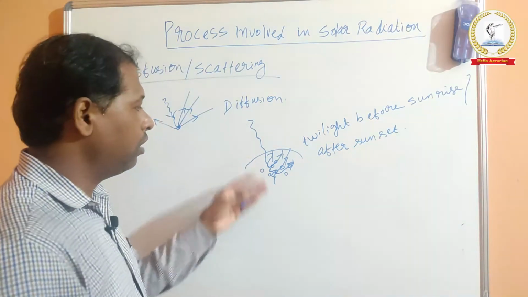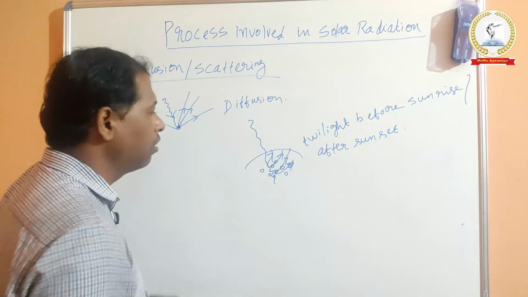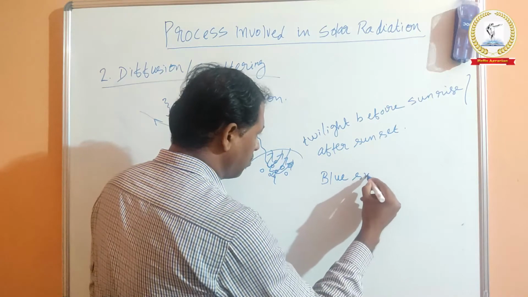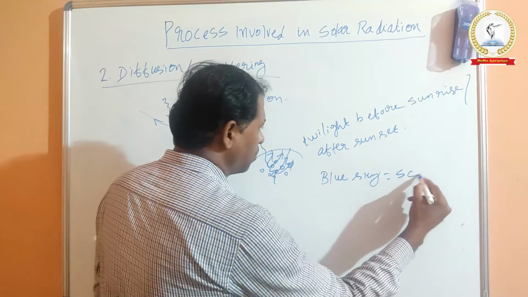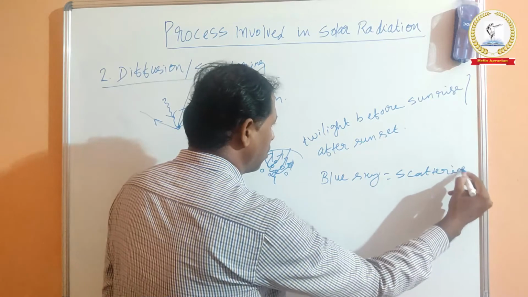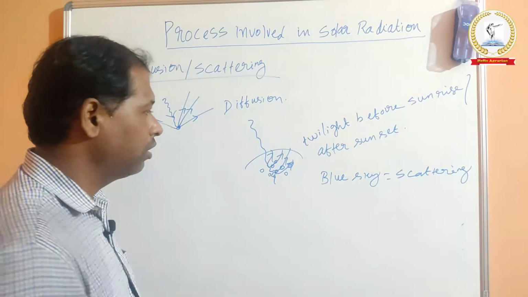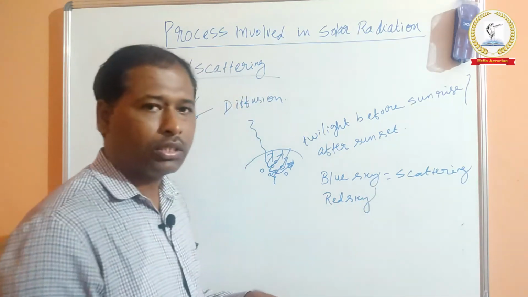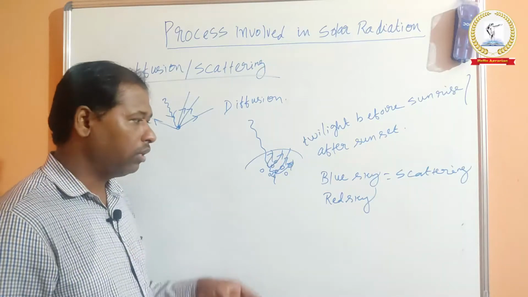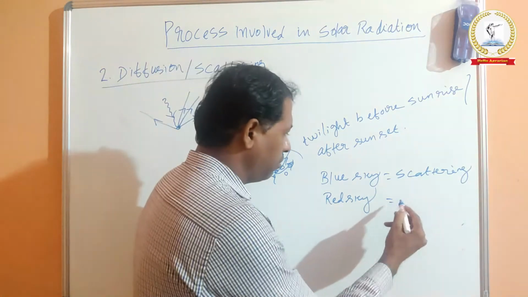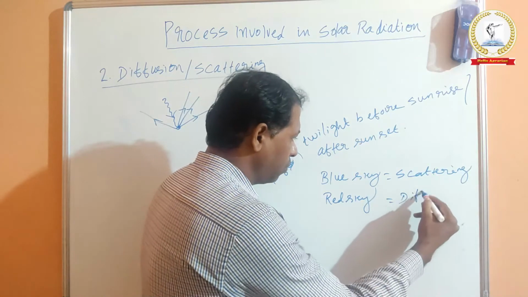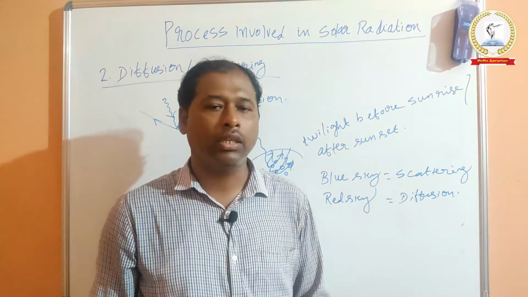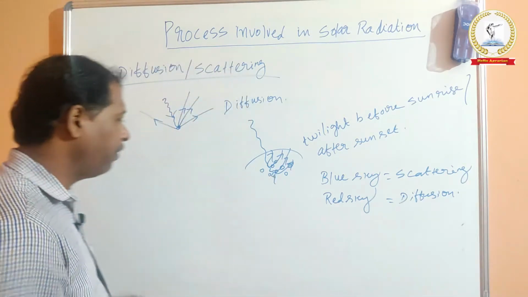Due to this action we are able to see the blue sky due to scattering of light, and the red sky, which you can find in the morning or after sunset, is due to diffusion.